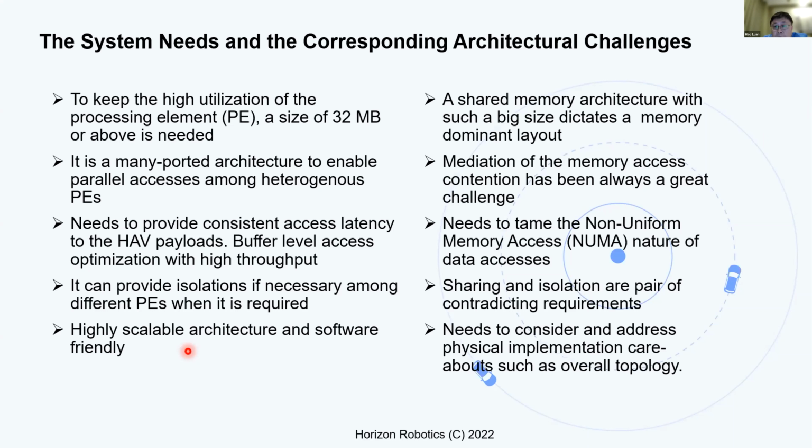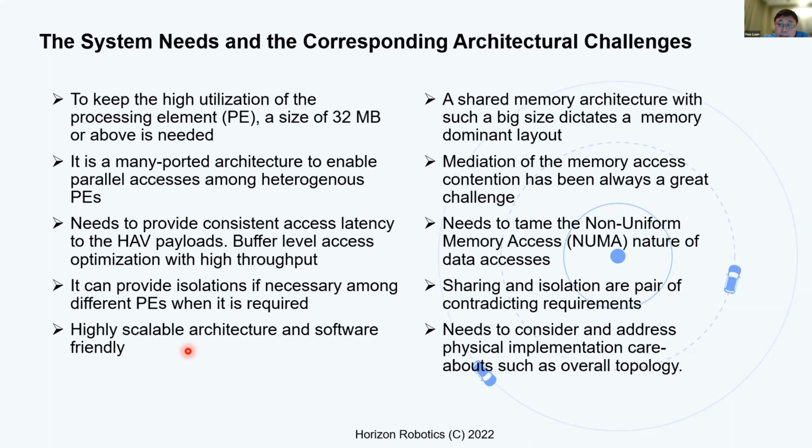And because of the ADAS and HAV applications, we really need isolation if necessary for some particular types of applications. So sharing and isolation are really a double-edged sword. We need to strike a balance to get a satisfactory result.